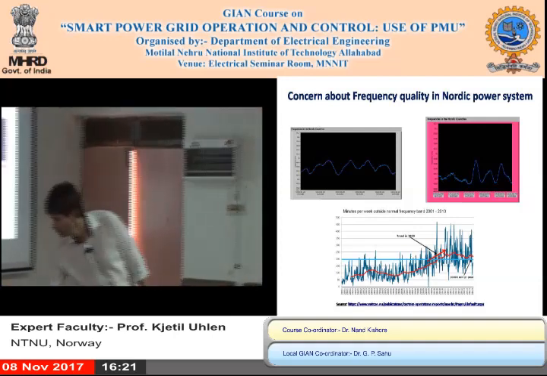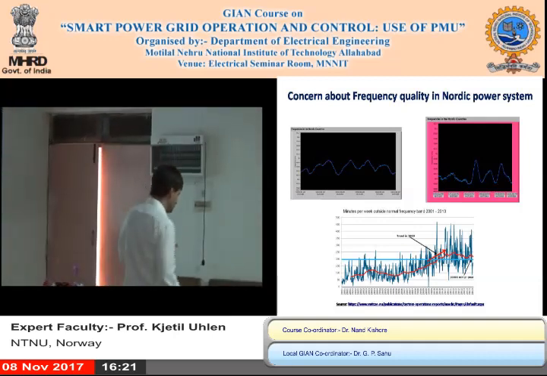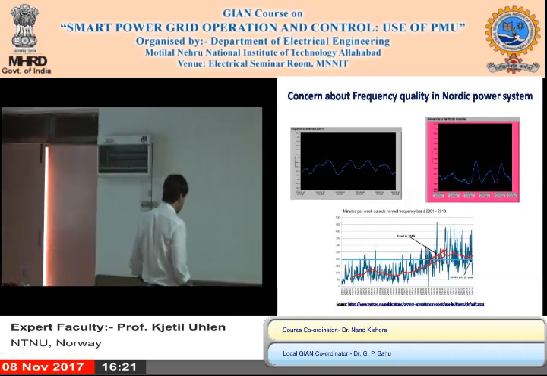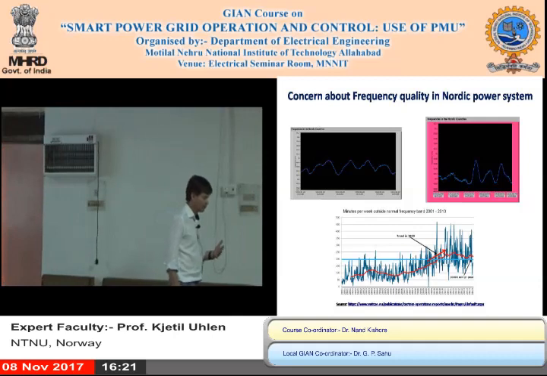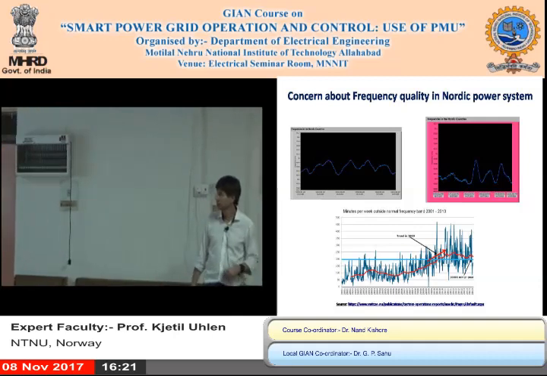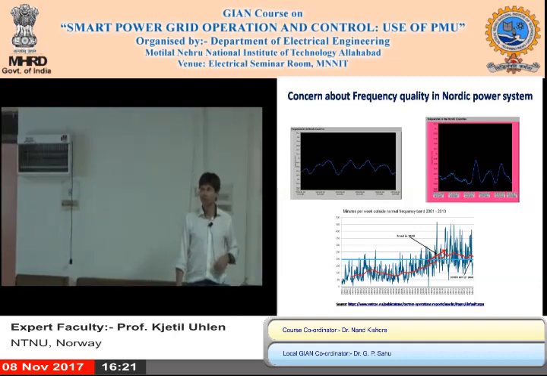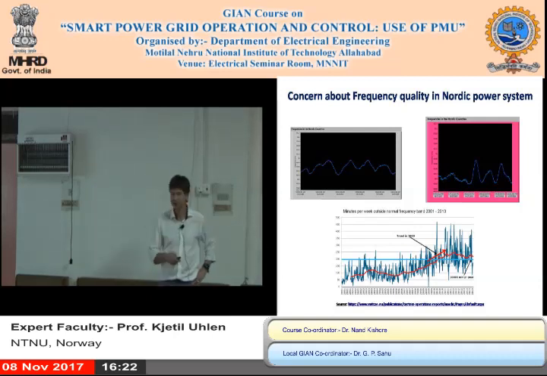More wind power or variable generation is one cause. Maybe some of the governors are not well tuned in the hydropower system. Maybe the generator owners do not pay attention to that because they don't get paid for it, as they think. I mean, enough. They want more money, of course.